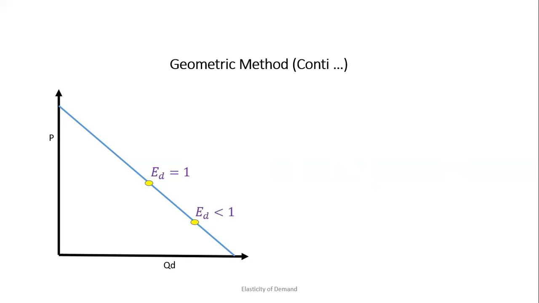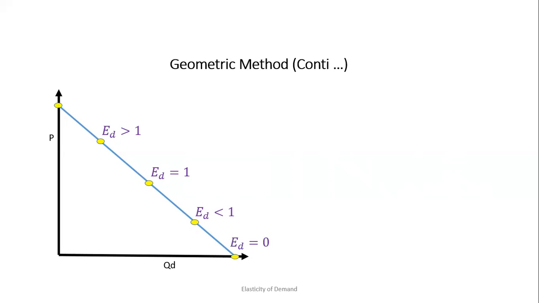If the selected point lies close to the x-axis, elasticity will be less than 1. And if it lies close to the y-axis, the elasticity will be greater than 1. So we can say that as we move along the curve to the right side, the value of elasticity falls. And as we move along the curve to the left side, the value of elasticity rises.